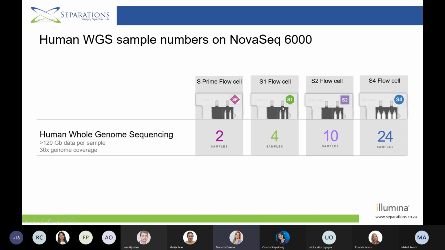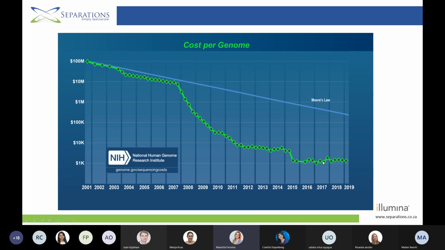So if we look specifically at the NovaSeq 6000 for whole genome sequencing, again with 120 gigabases of data per sample at 30 times coverage, we can do anything from 2 samples on the SP flow cell up to 24 samples on the S4 flow cell.